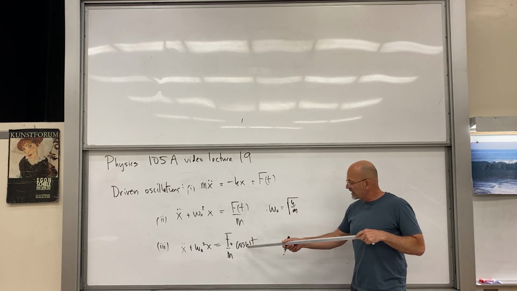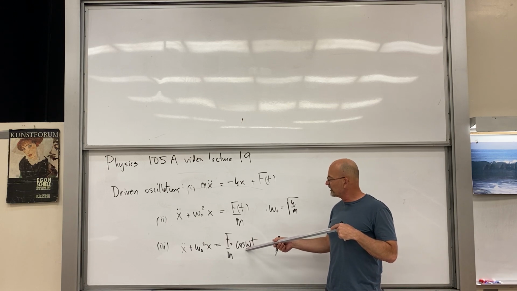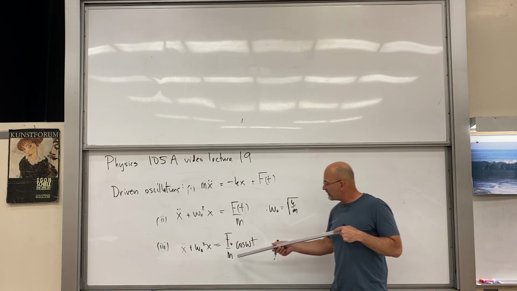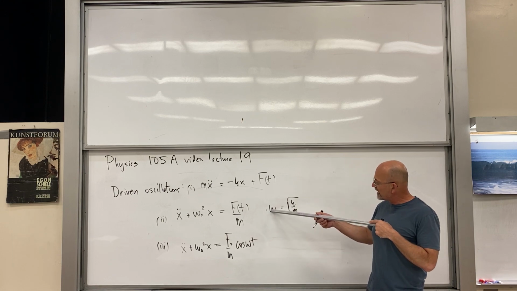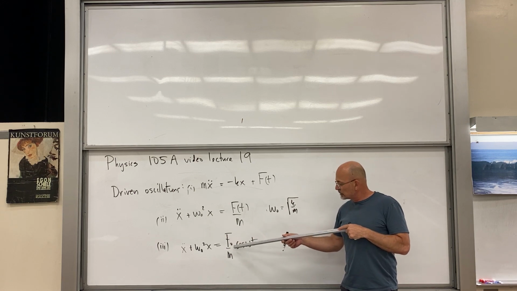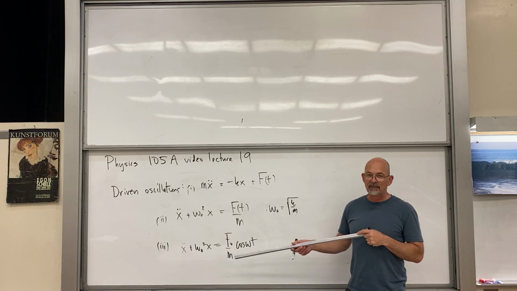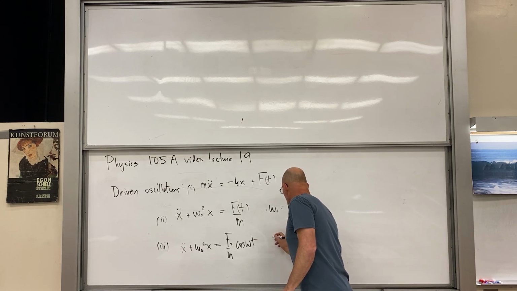This one, on the other hand, we can imagine dialing in. We can dial in the frequency that we want, and we find that when we drive this system with the natural frequency omega naught, the solution grows linearly in time. And that's actually the catastrophe, so-called.